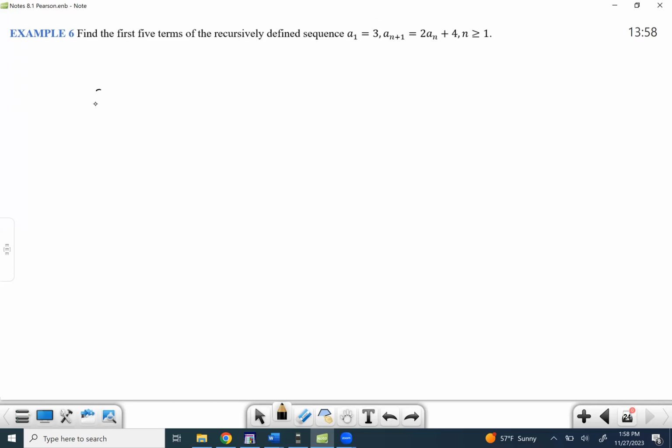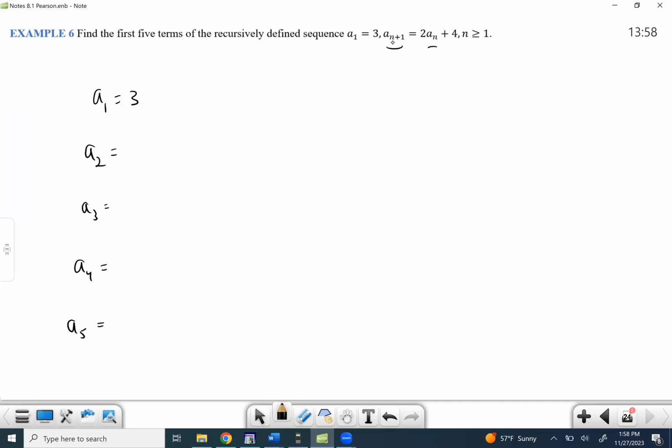Basically, we got to find the first 5 terms. Well, the first one they gave us. So we've got to find the second, the third, the fourth. All right. So our formula is 2 times whatever plus 4, right? Basically, it's the term before. A sub n comes right before a sub n + 1.